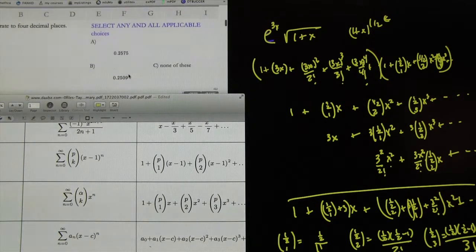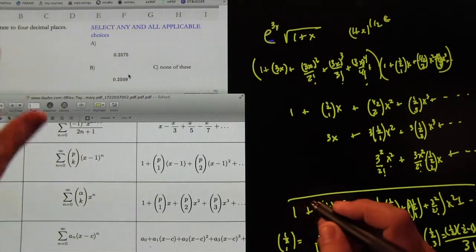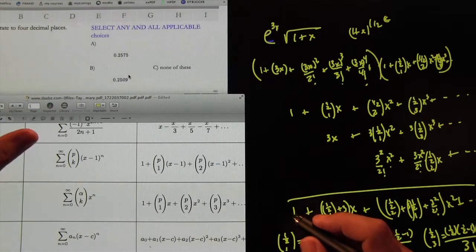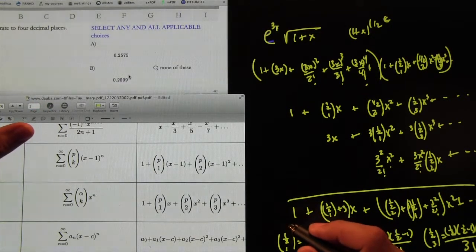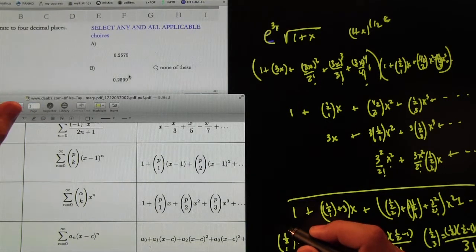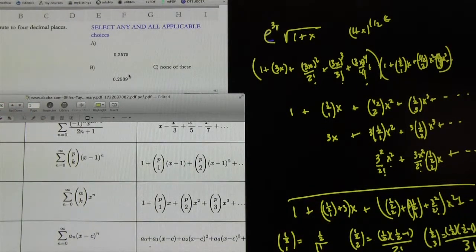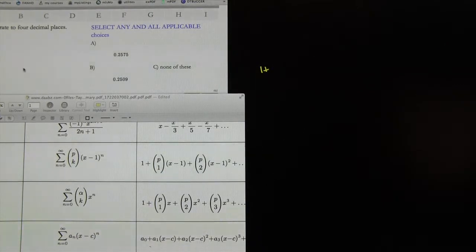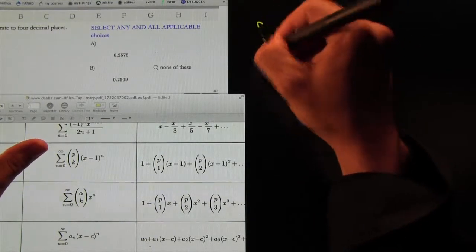Number 4 is talking about the accuracy and whatnot. What it's trying to have you do, let me say something about 4. 4 is a little bit interesting.